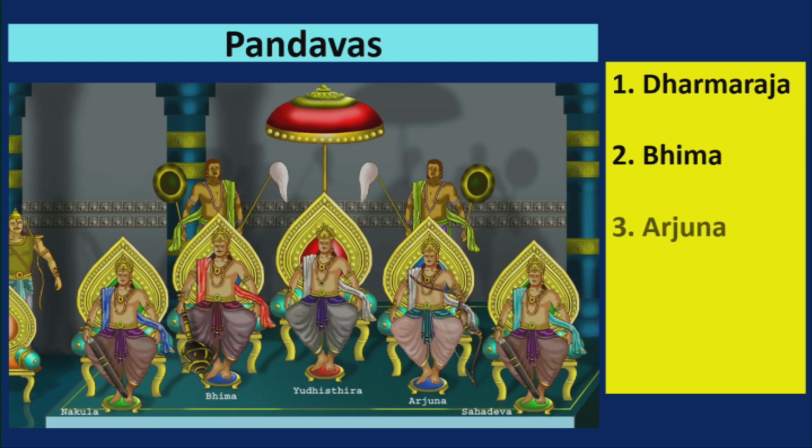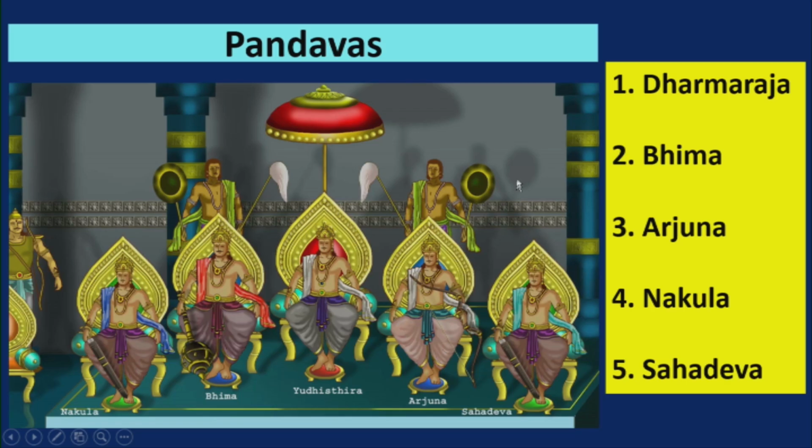Next, the one who is sitting left to Dharmaraja is Arjuna. And the one who is sitting right to Bhima is Nakula. And the one who is sitting left to Arjuna is Sahadeva.